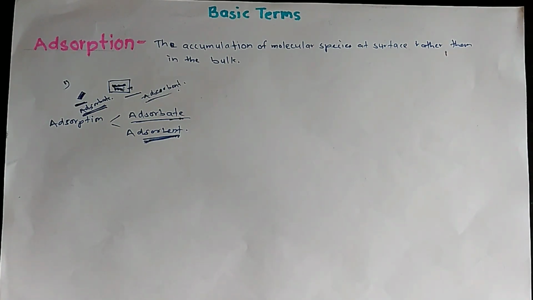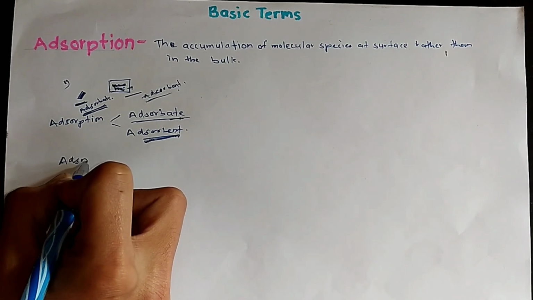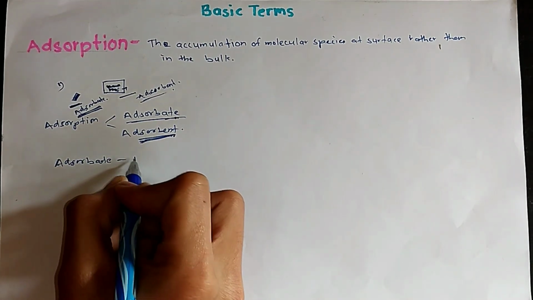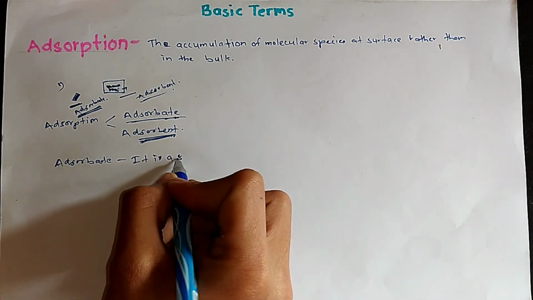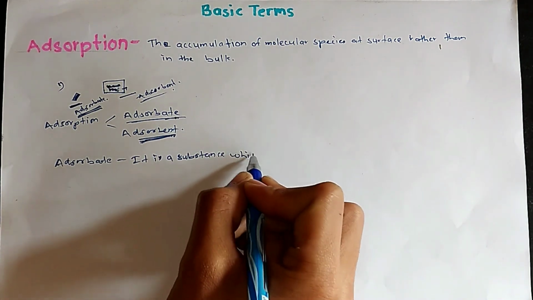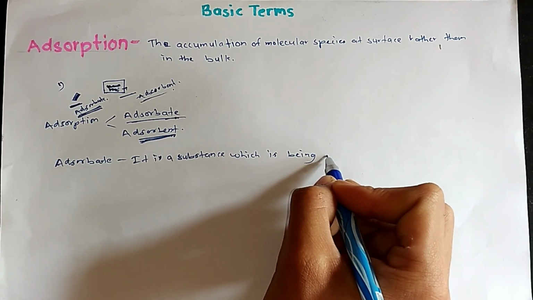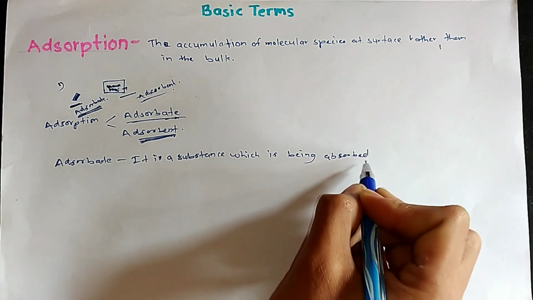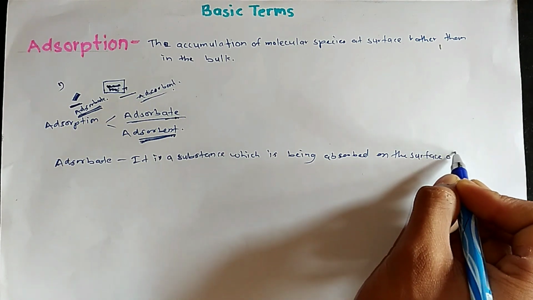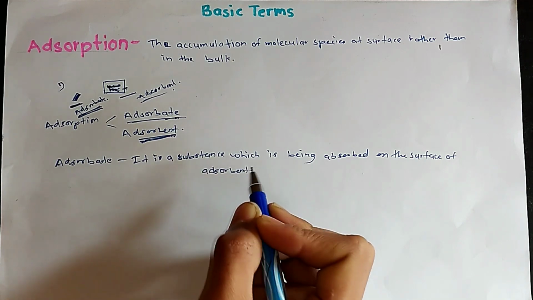If we see the sentence of adsorbate, I'm writing here: it is a substance which is being adsorbed on the surface of adsorbent.